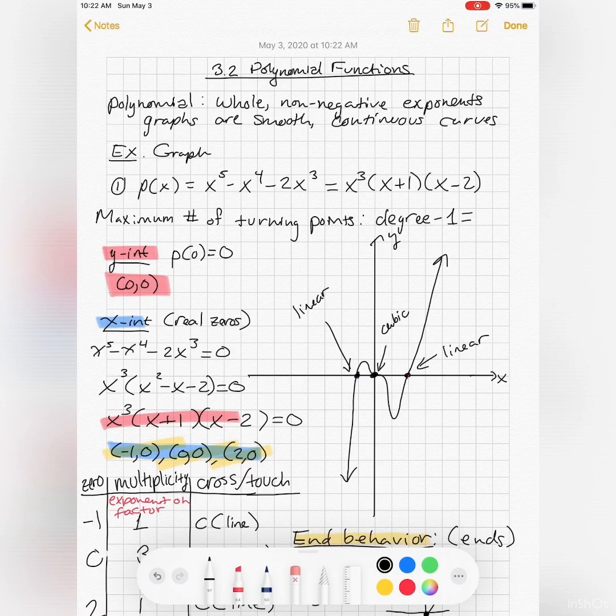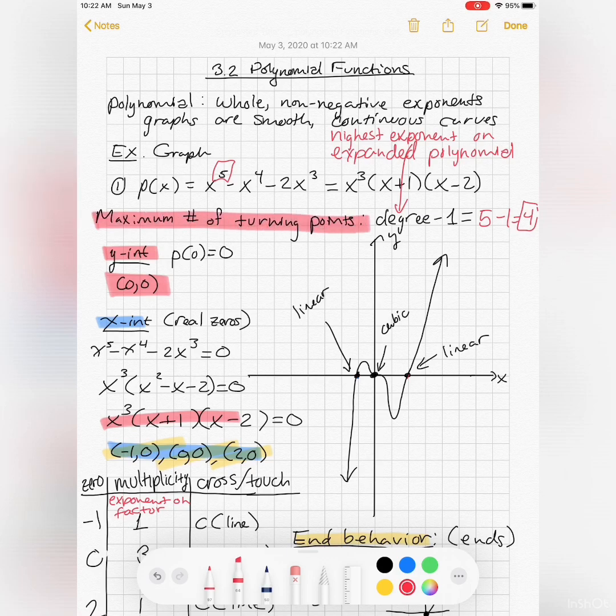So in this case, I have to look at the expanded polynomial. So the degree, that's the highest exponent on the expanded, not the factored, polynomial. So in this case, that would be 5. So the maximum number of turning points my graph could have would be 4.